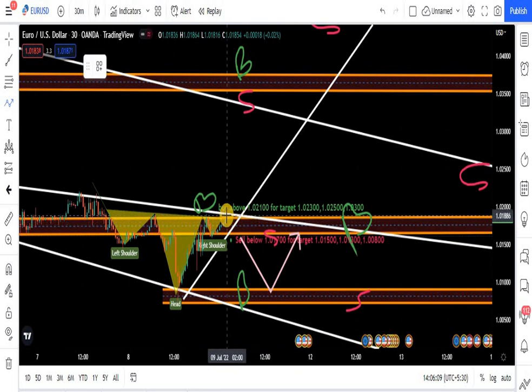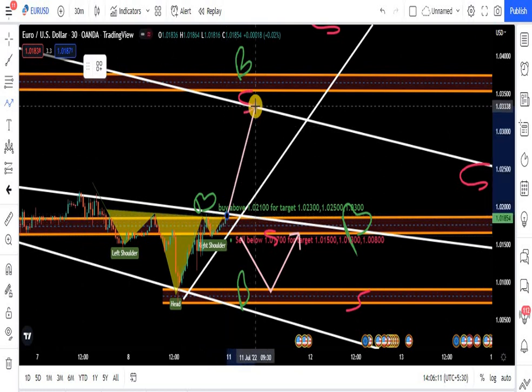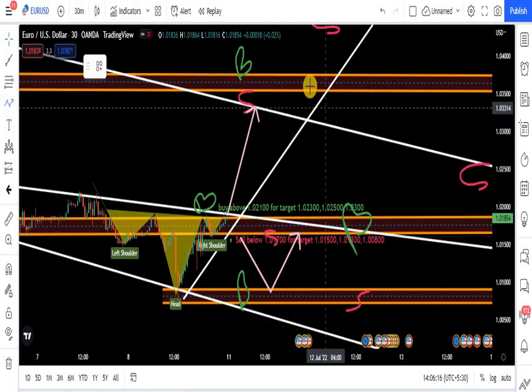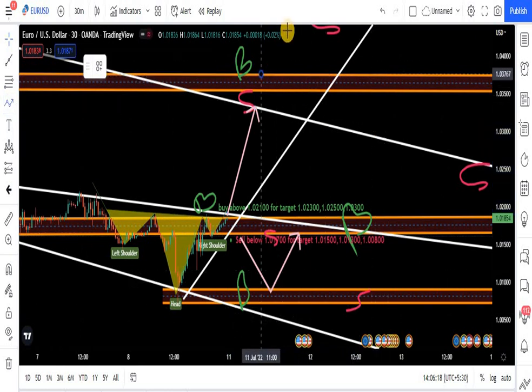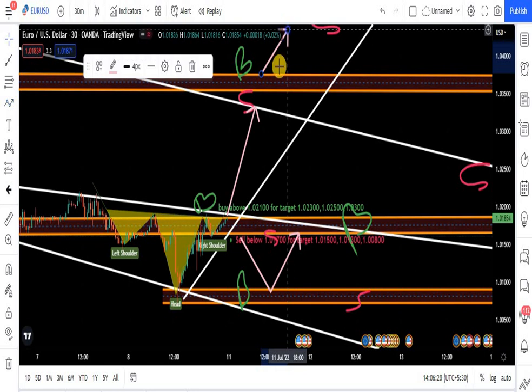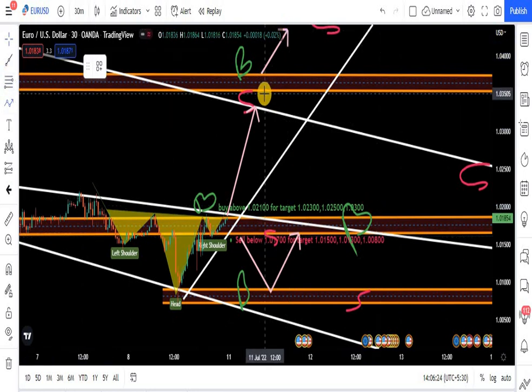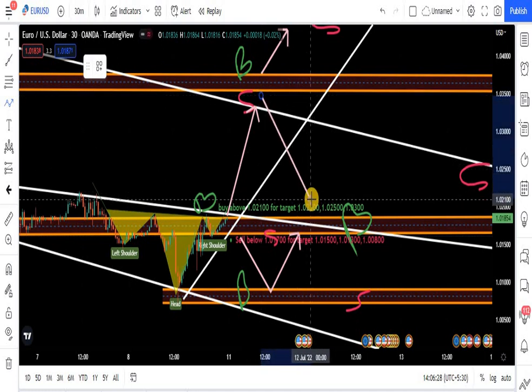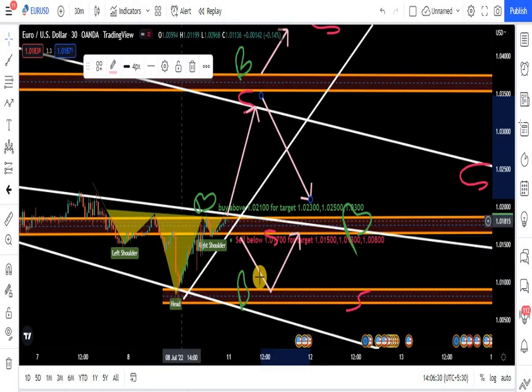Just follow your technical levels and check whether they are working or not working. If it is getting rejection from those areas, you go for sell again. So that is the EURUSD level.